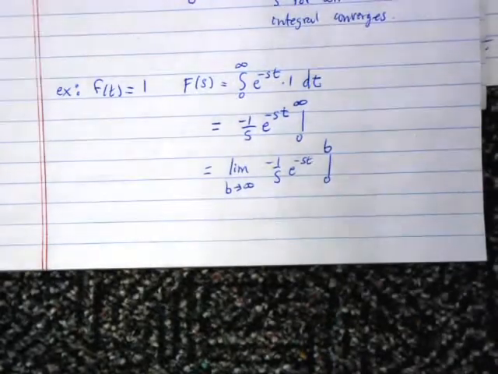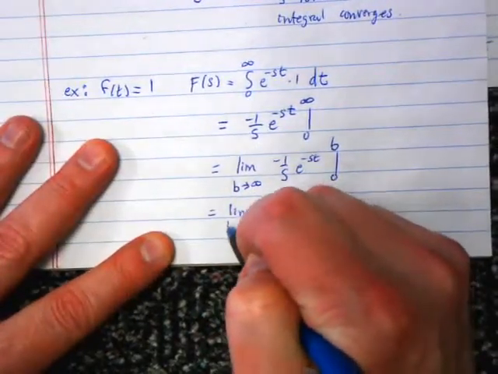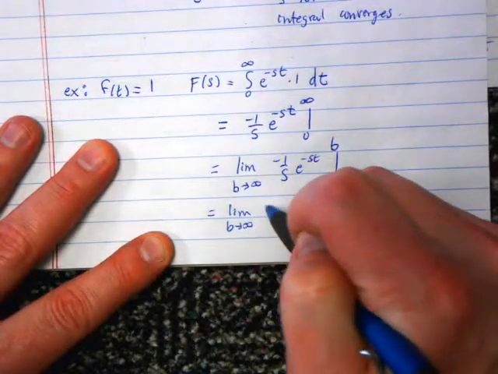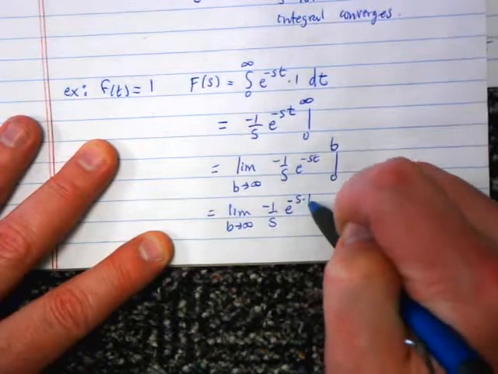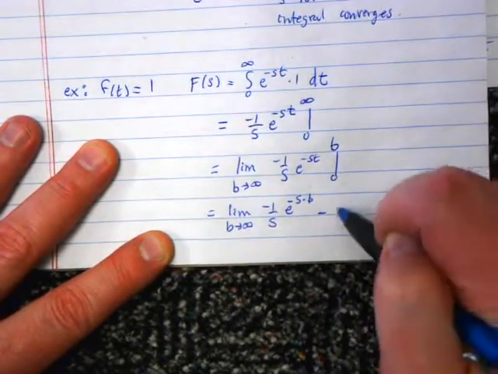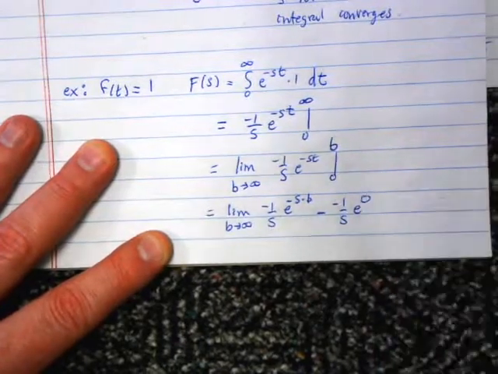Is it 0? No, it's not 0. This is going to be the limit as b goes to infinity of negative 1 over s e to the negative s times b minus negative 1 over s e to the 0.